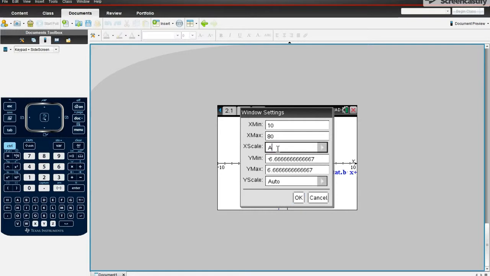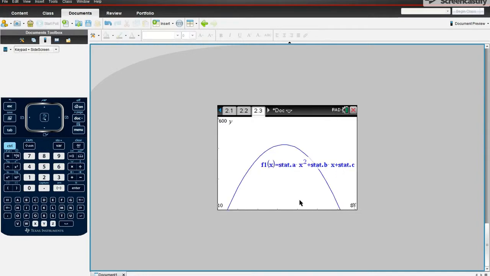And I'm going to force it to count by tens. And then for y's, my y's need to be pretty big. My smallest is 323, so I'm going to pick 300 and then go up to a little bit more than 500, so maybe 600. And then I'm going to count by hundreds. And that gives me a window that shows my actual graph.